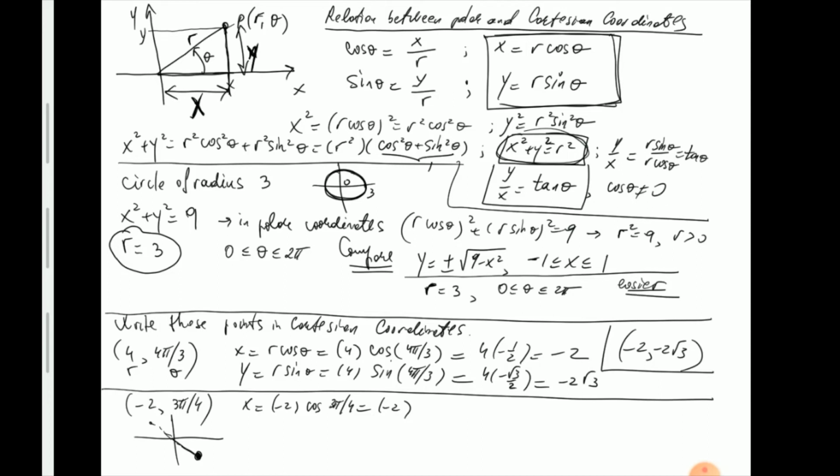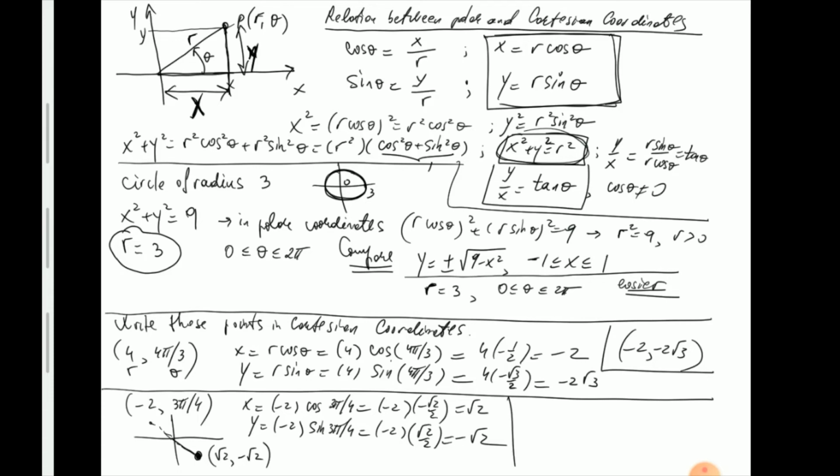Cosine of 3 pi over 4, that's minus root 2 over 2. So that gives me square root of 2. And y, minus 2 sine of 3 pi over 4, which is minus 2 times root 2 over 2. And that simplifies to minus root 2.